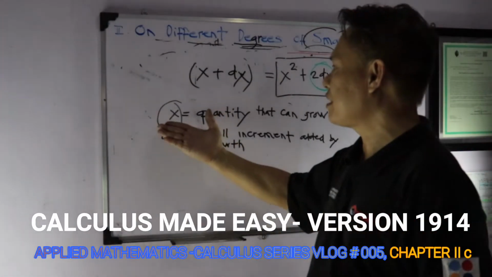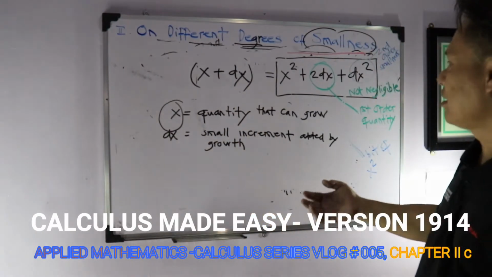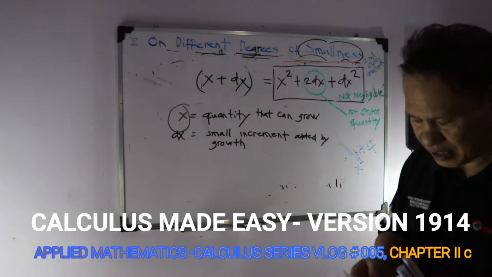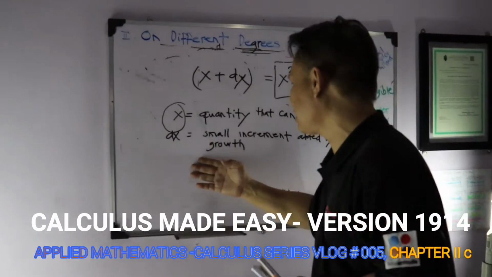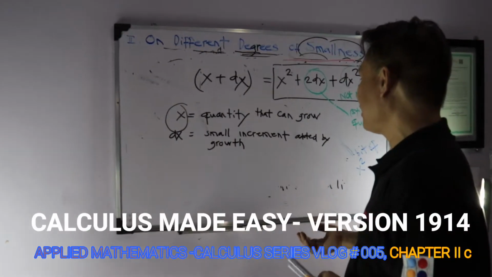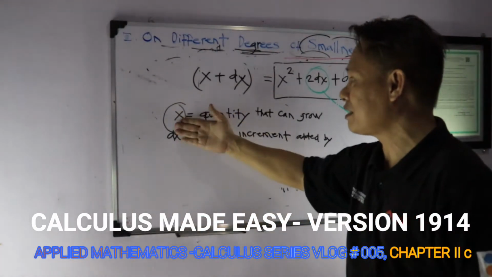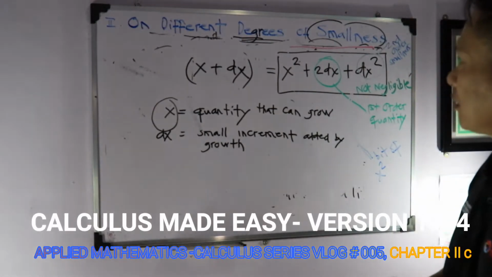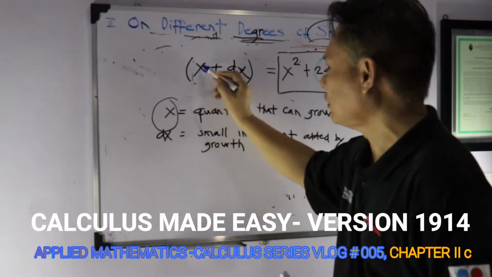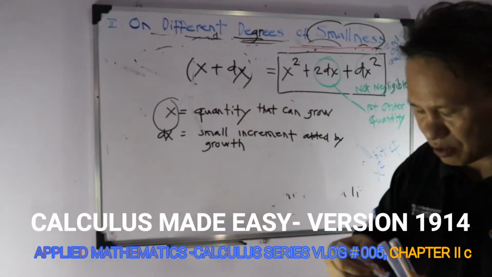So as we have here, this is the x quantity. We are expecting that it can grow farther, and dx is a little portion of that, a small increment added by growth to this x. So that would be x plus dx in this particular expression.